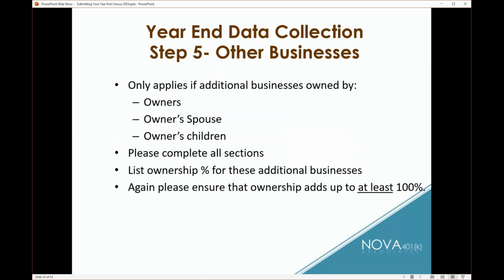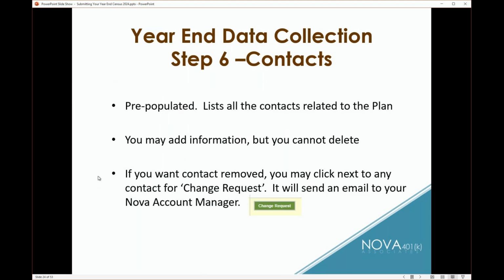The reason we need that is because we need to know if we have a control group or an affiliated service group between ownerships of different businesses, because that could affect how the testing is completed. And then we need the owners for each of those businesses listed with at least 100%. Again, we are not trying to get more information out of you than what is required to do our job correctly for what we are hired to do.